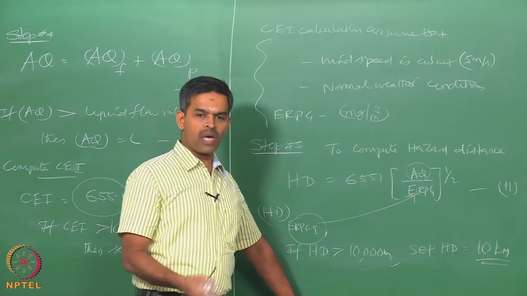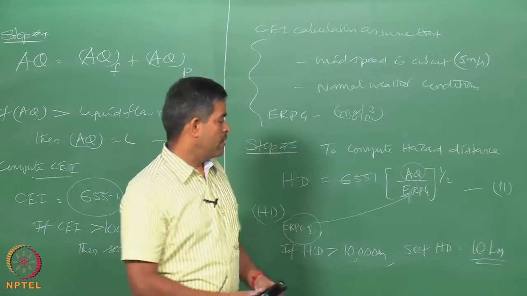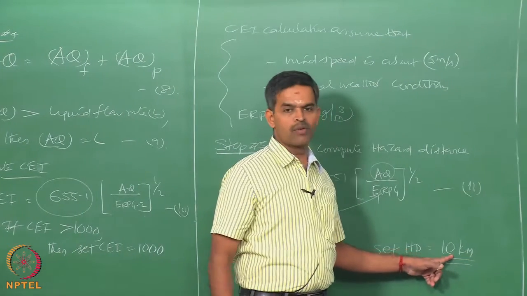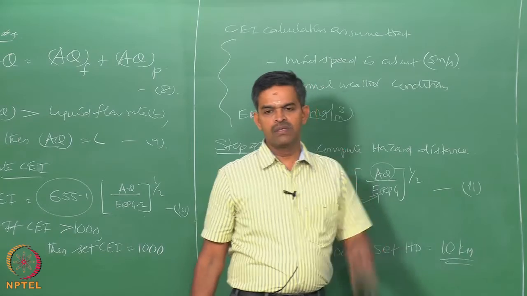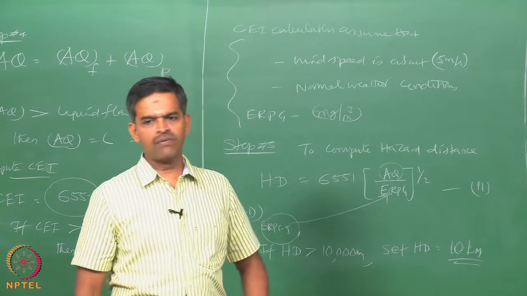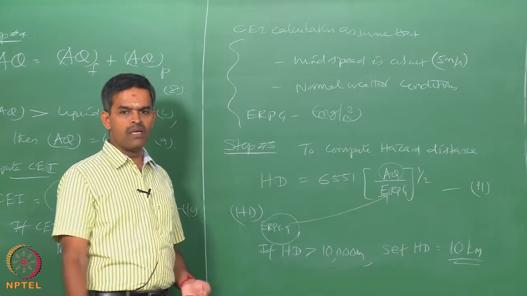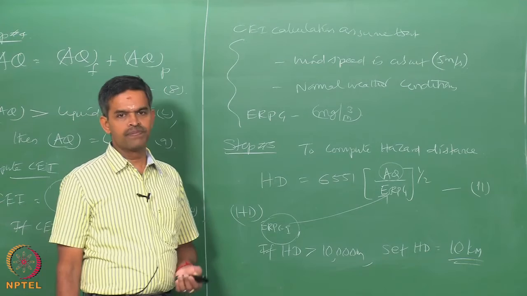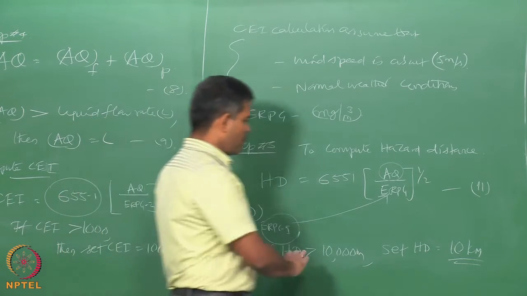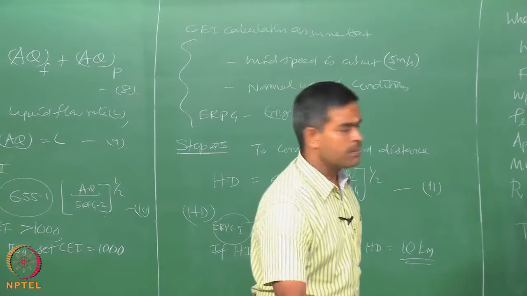You can always locate the residential units, the commercial areas etc., away at a radius of about 10 kilometers from the central point which is expected to release the chemical. So, after a 10 kilometer radius, any plant you locate is going to remain non-hazardous.